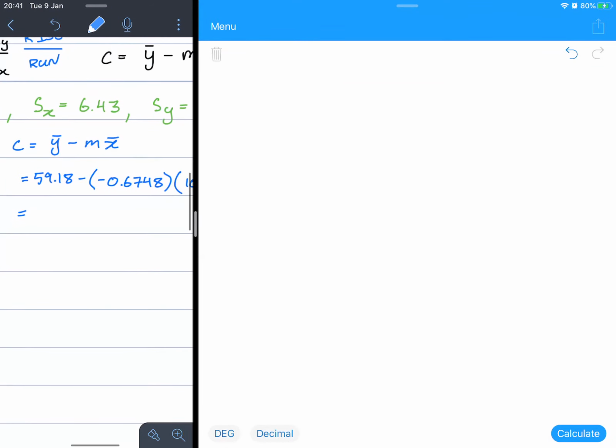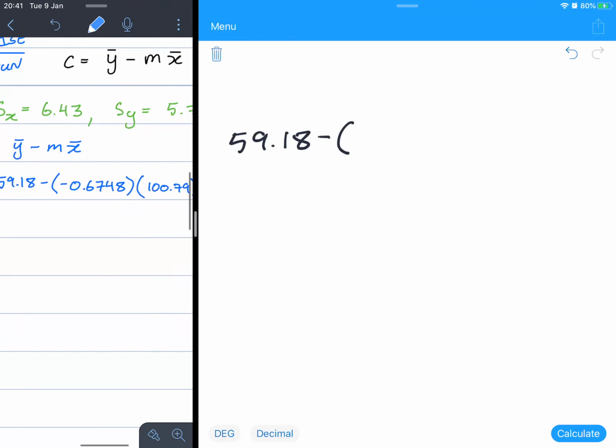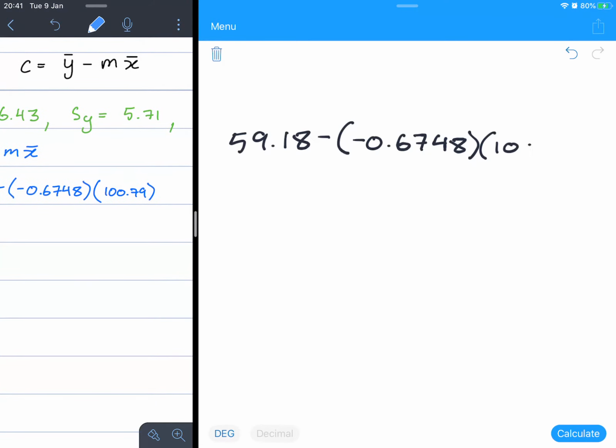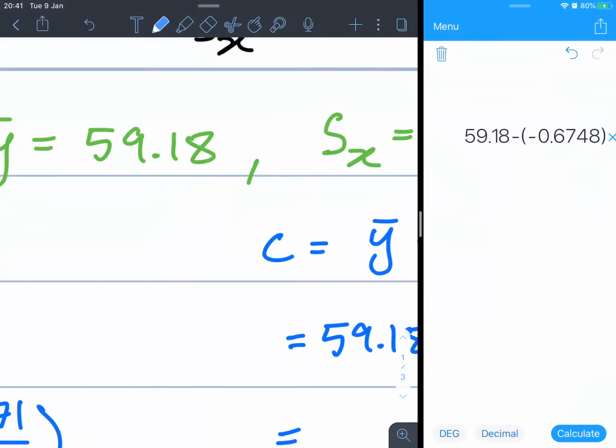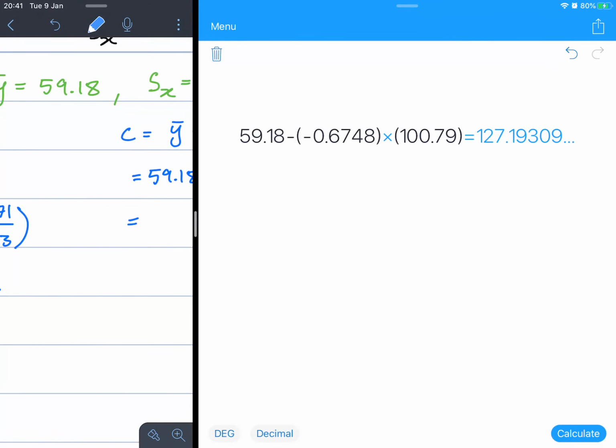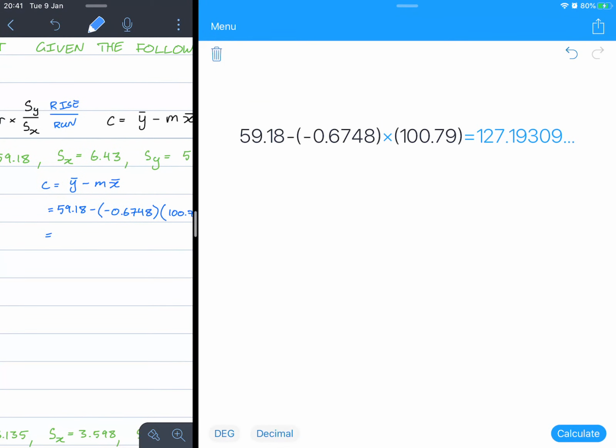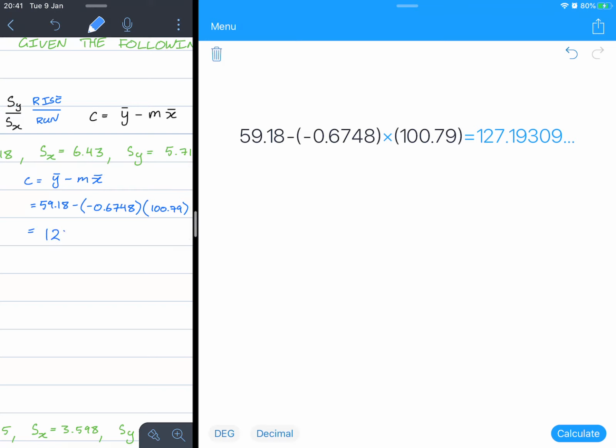Inputting this into a calculator, we get 59.18 minus negative 0.6748 times 100.79. Pressing equals, we get 127.19309.